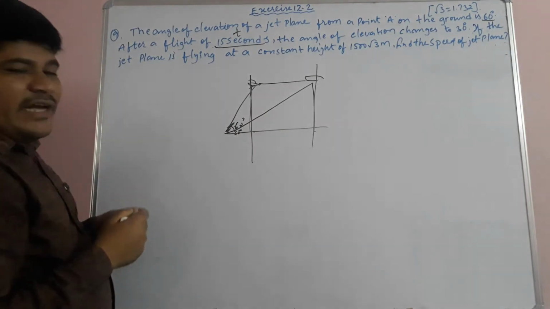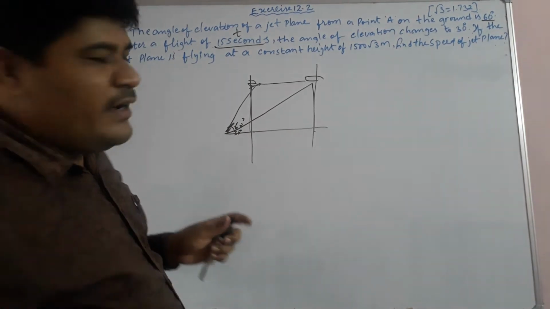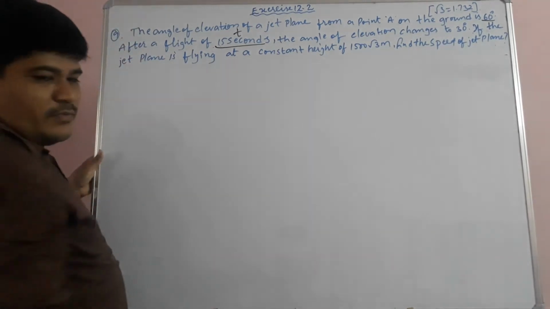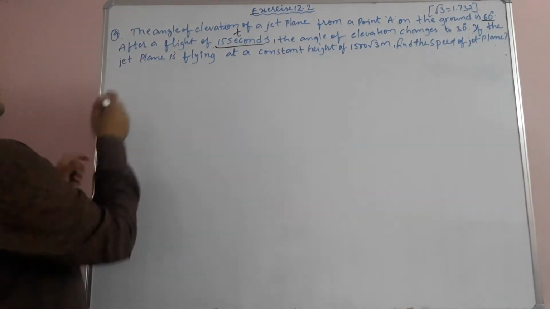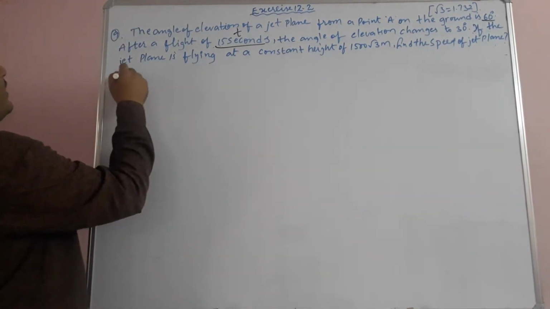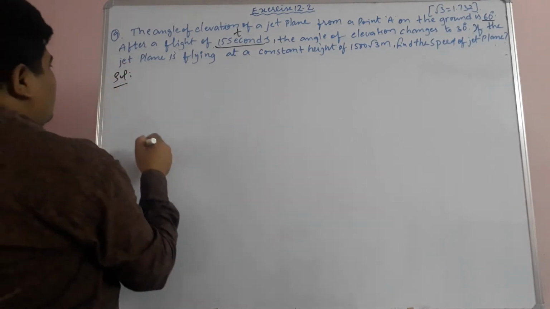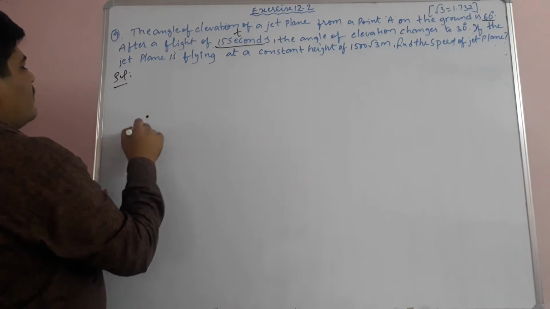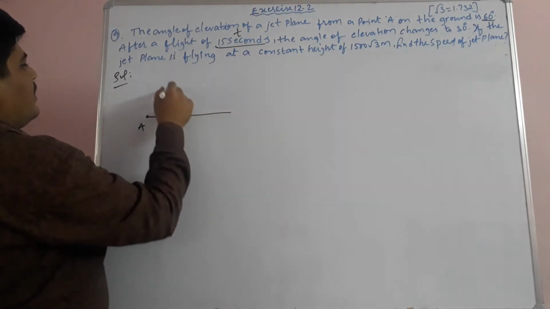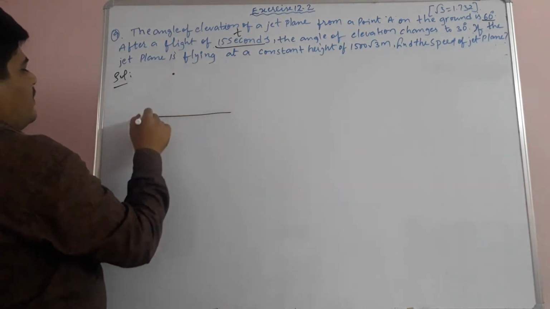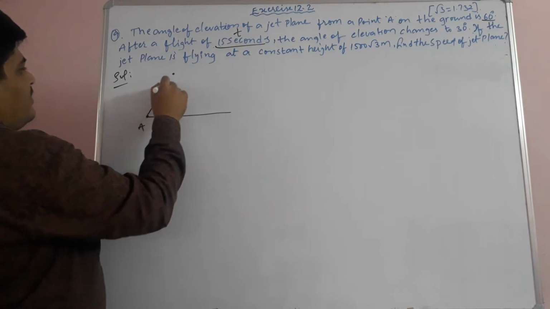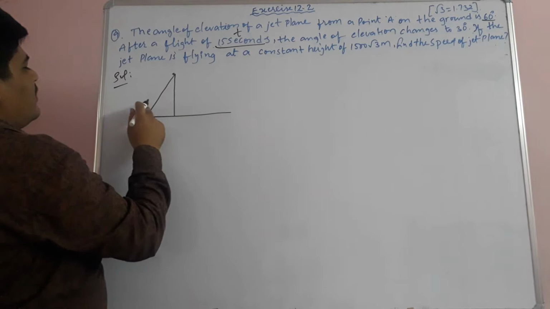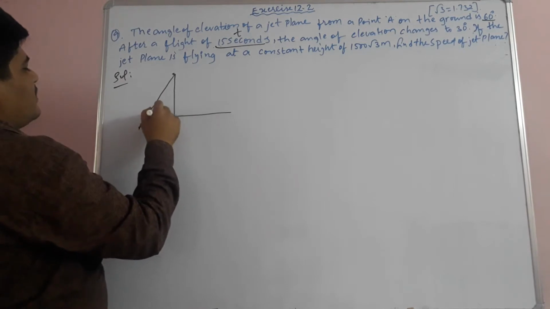So children, accordingly we need to draw the diagram. Now let's see the diagram. First, from point A on the ground, he is observing the flight. This is the point A, and the jet plane is here, and the angle of elevation is 60 degrees.